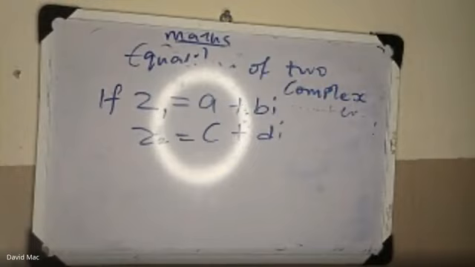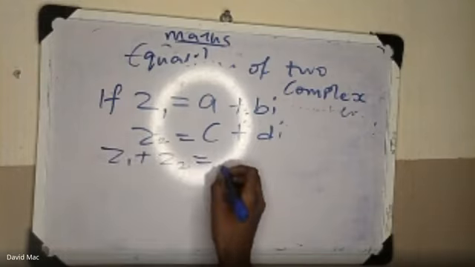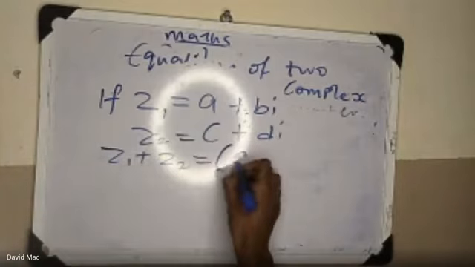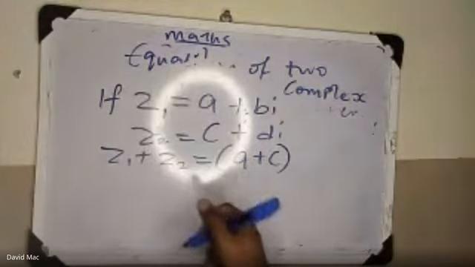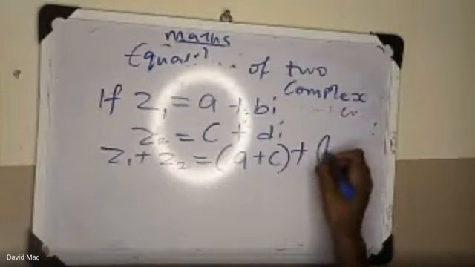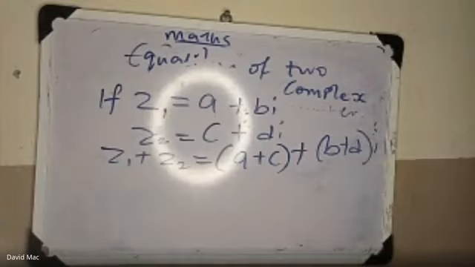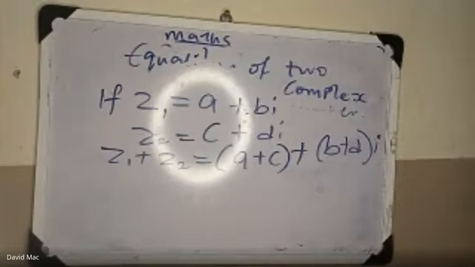Then what will be their sum? What will z1 plus z2 be? In order to find z1 plus z2, you are going to say a plus c. That means you are bringing the real numbers together, plus b plus d. We bring the imaginary parts together in brackets, then i outside. This is the formula you use when solving an addition problem in complex numbers.